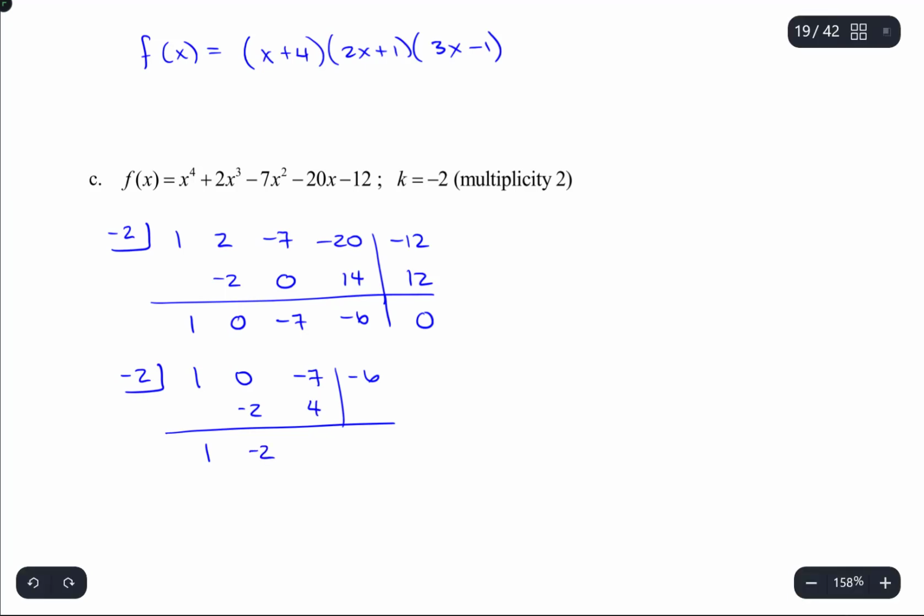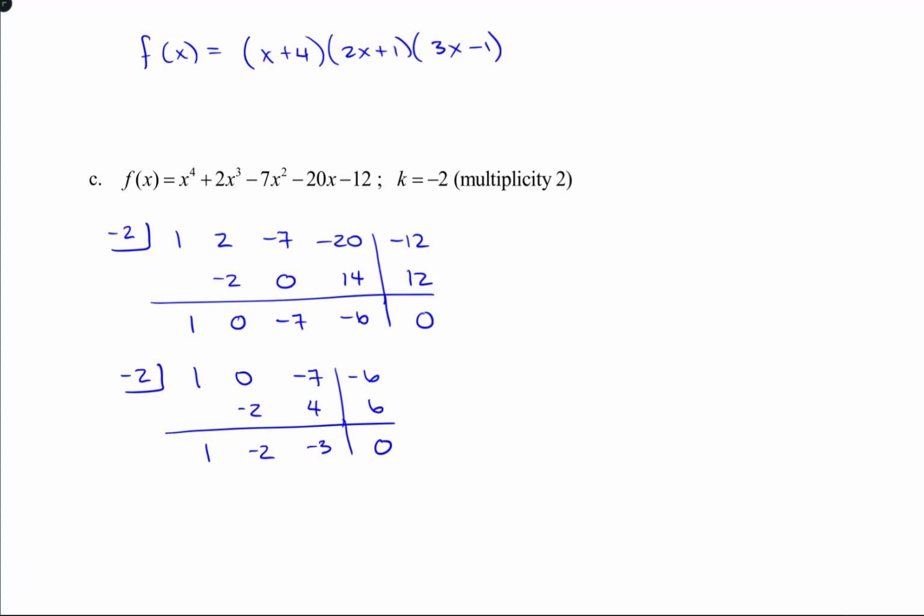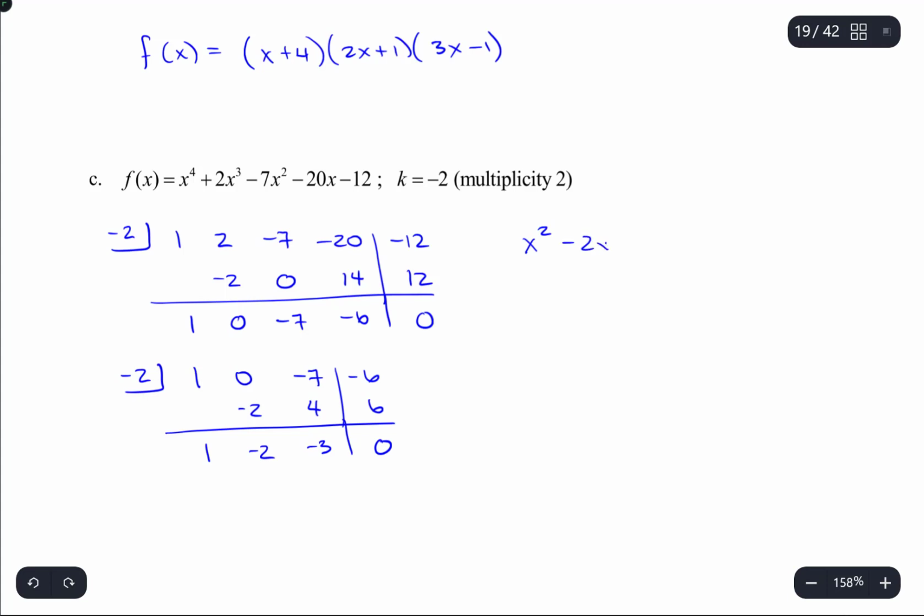These multiply to 4, and that column will add to negative 3. Negative 2 times negative 3 is positive 6, so the result there is 0 again. Which means I now have the resulting quadratic of x squared minus 2x minus 3.